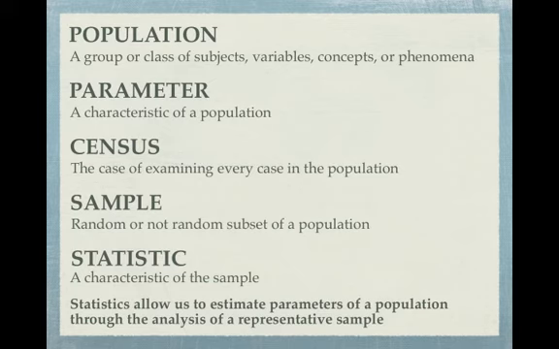A census is when we examine every single case in the population. A sample, however, is a subset of the population that is selected through random or non-random sampling techniques. A statistic is a characteristic of the sample. So statistics allow us to estimate the parameters of the population through the analysis of a representative sample.